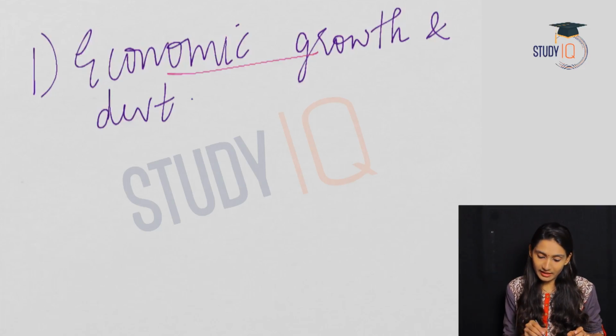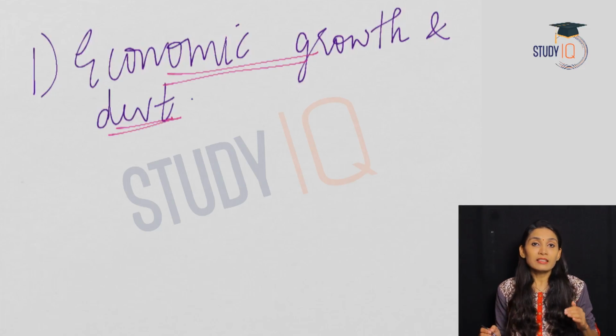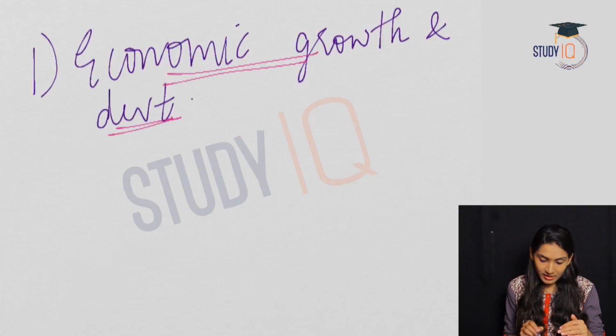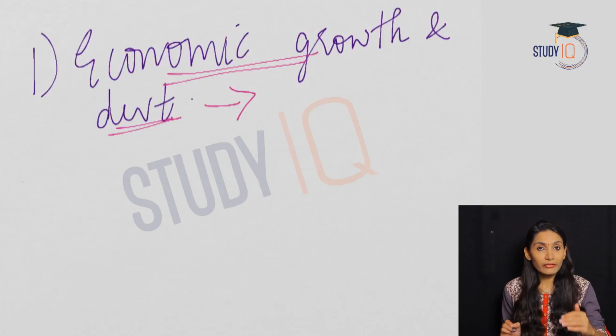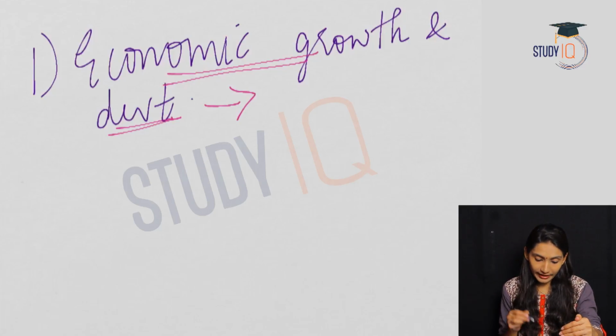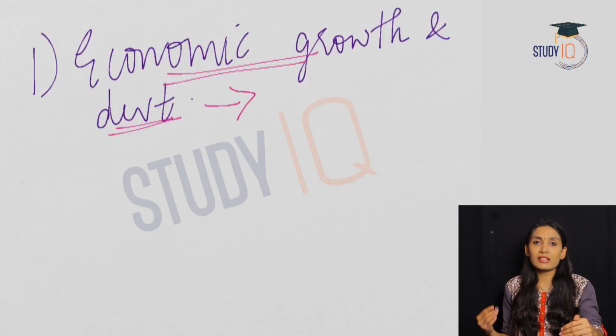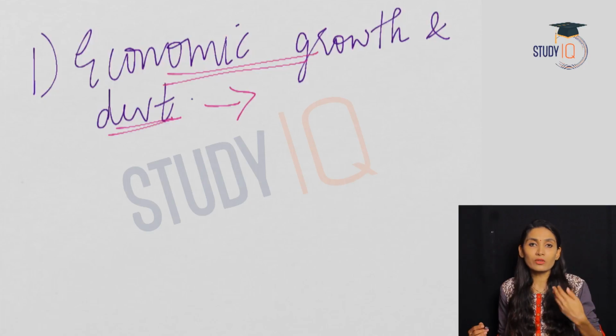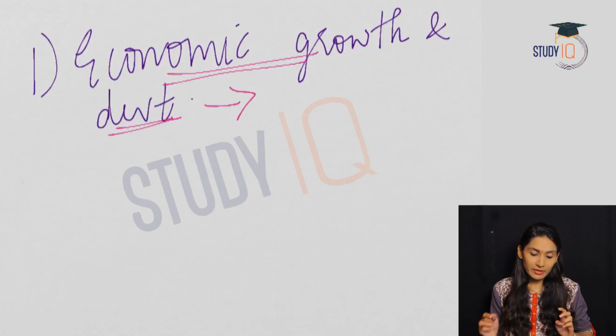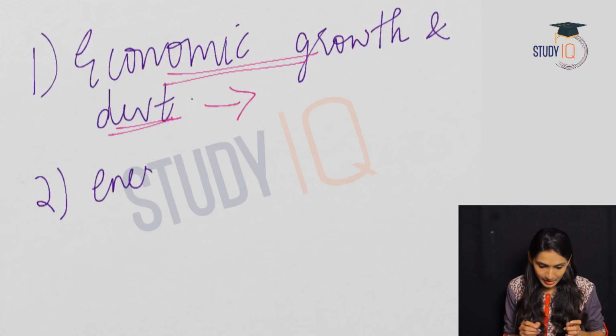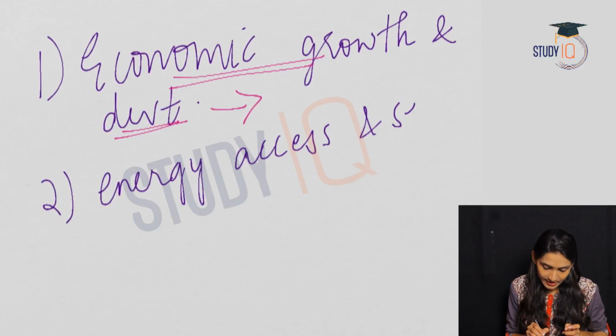Under this dimension, that is economic growth and development, the World Economic Forum measures how much the energy sector of a country has contributed to the economic growth and development of that country, or how the energy resources of a country are utilized towards its growth and development. The second dimension is energy access and security.